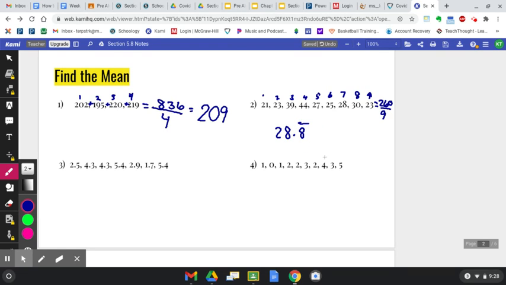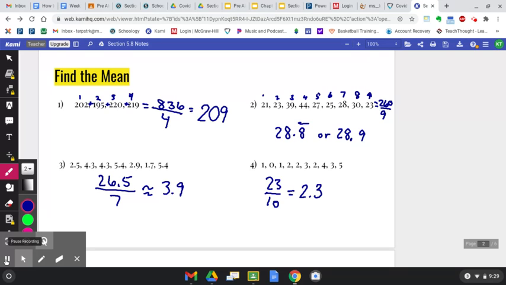A lot of times you'll see it given rounded to the nearest tenth, which would round to 28.9. All right, see if you can find the average for set 3 and set 4. So pause the video here and see how you do.